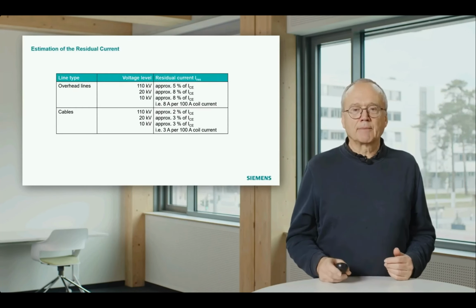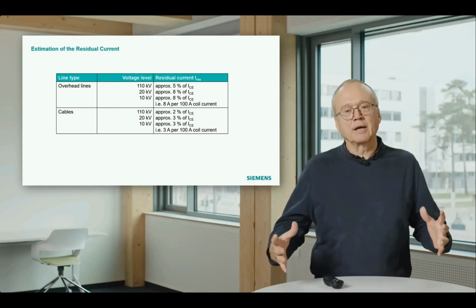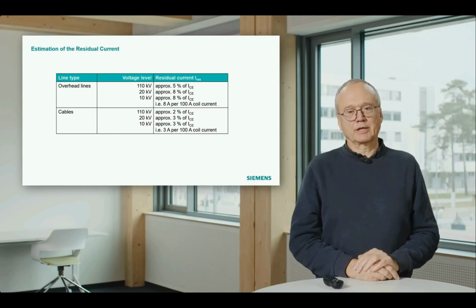And in practical applications, in overhead lines we can reduce the earth fault current down to something like 5 to 8% of the capacitive current. And that means, of course, a lot. That means you can make the systems much higher, much bigger, and you still are below the self-extinguishing limit.